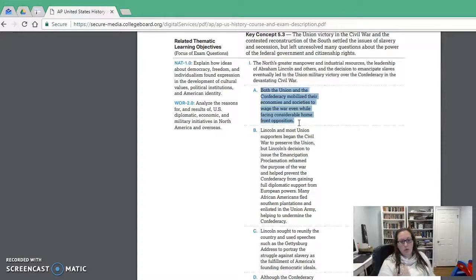And it says, even while facing considerable opposition on the home front. In the North, that's mainly the Copperhead movement. The Copperheads, like a copperhead snake, are the people that attacked Lincoln for various reasons, a lot of very racist reasons. Lincoln responds by more or less just imprisoning them and putting them in jail for the duration of the war.